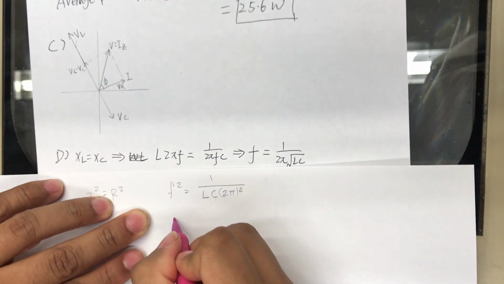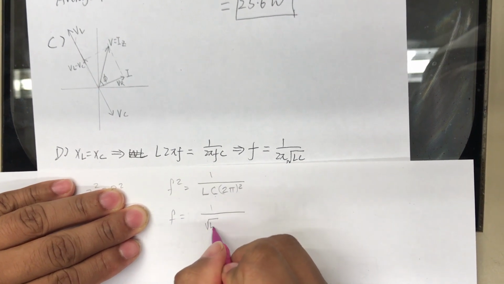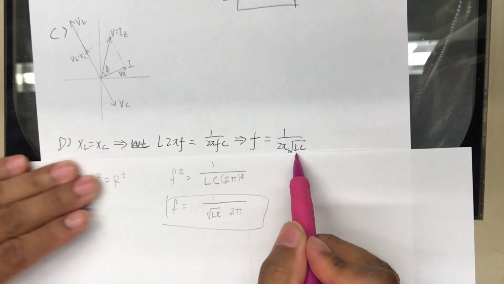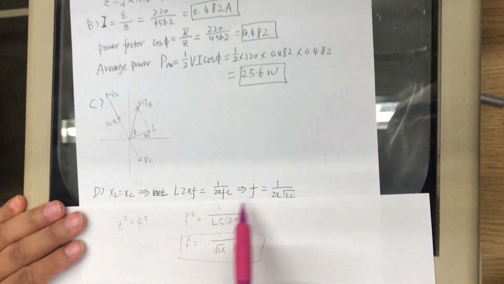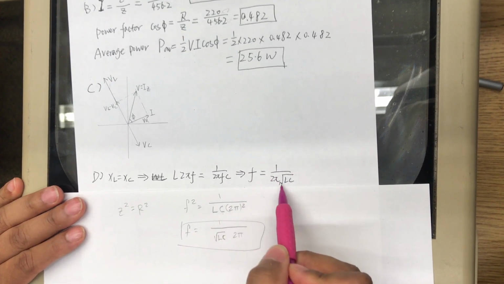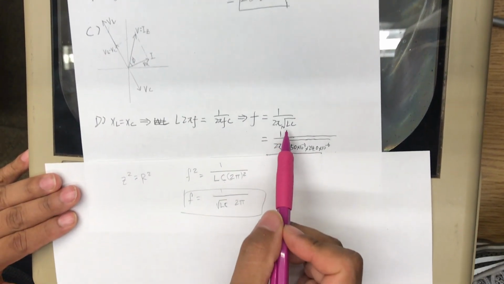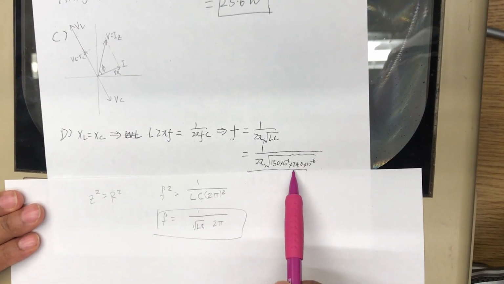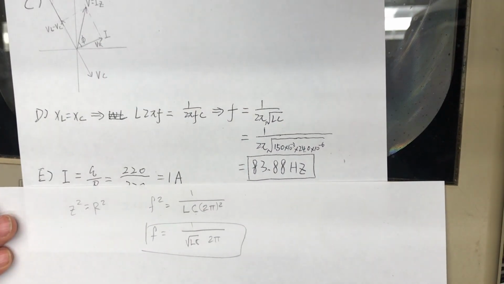Now to solve for F, take the square root, which gives us 1 over 2 pi square root of L C. We plug in L, which is 150 millihenries, and the capacitance, which is 24 microfarads, and we get 83.88 hertz. That is the resonant frequency.